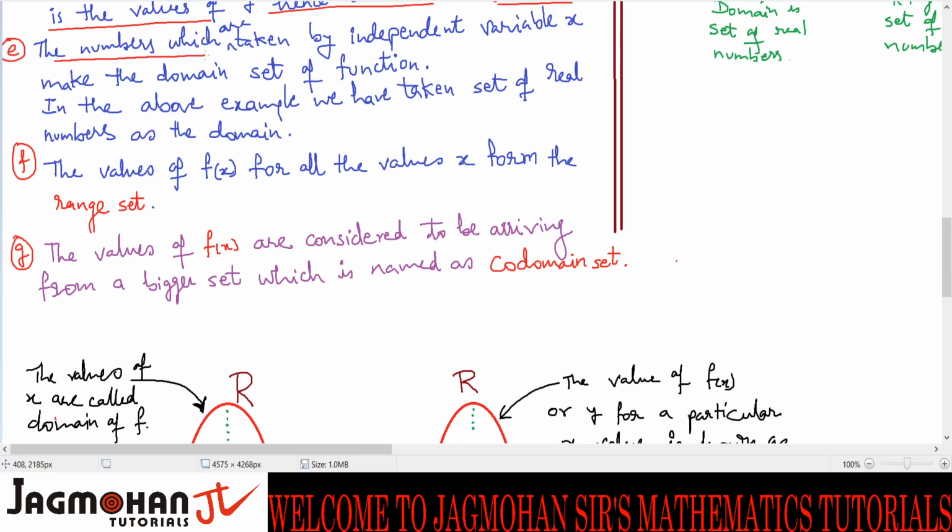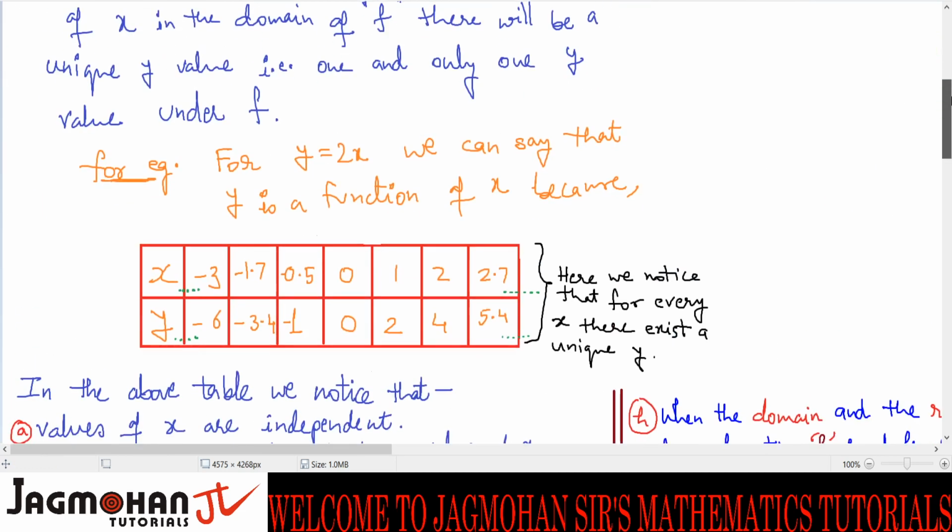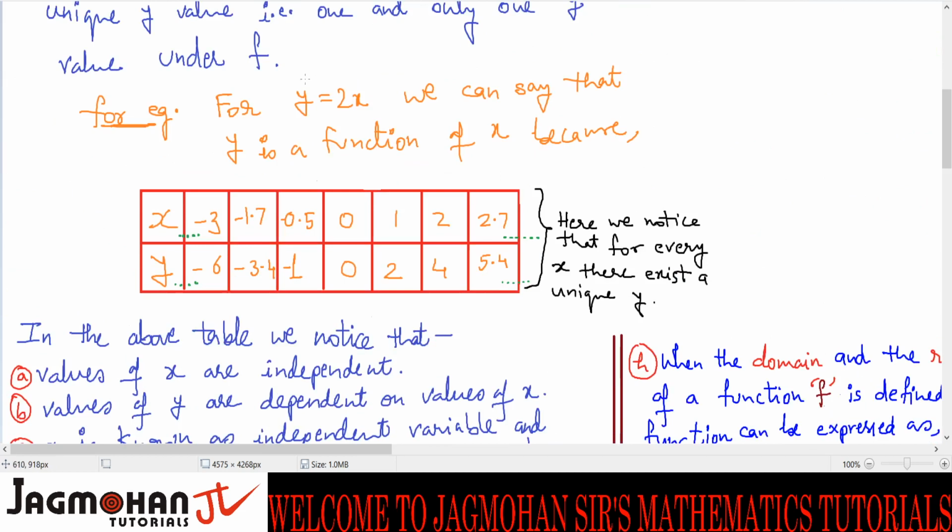Students, this particular statement teaches you what a domain of a function is, what the domain set of a function is. So let's go back to y equals f of x, y equals 2x. Now here when I wrote y equals f of x, I wrote y equals 2x.